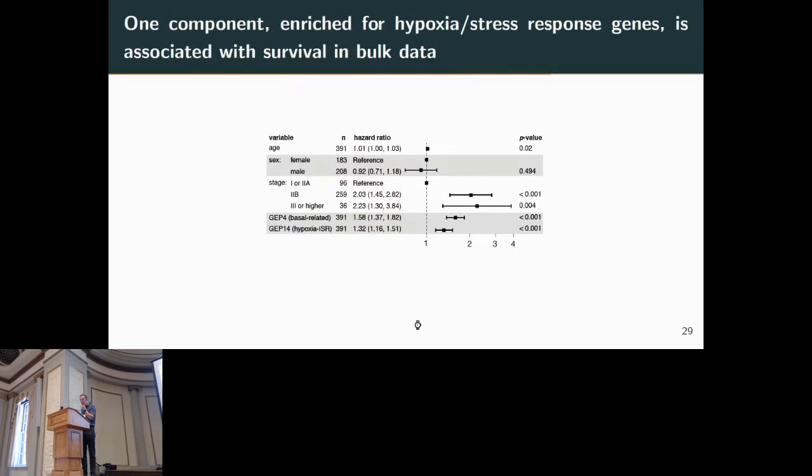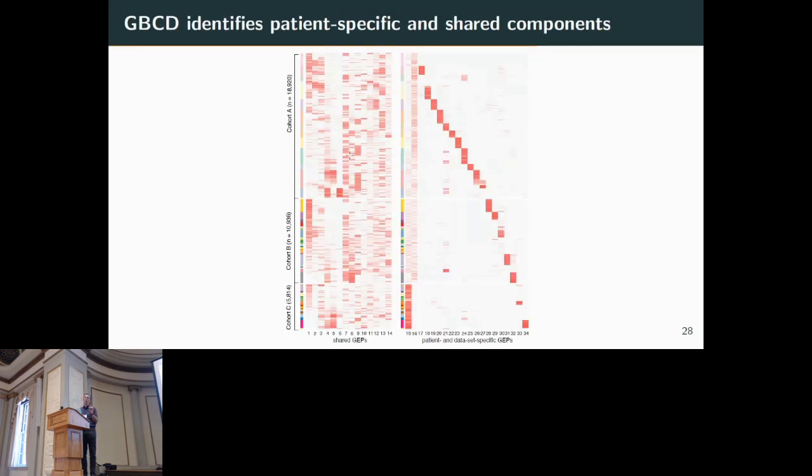Okay, so the important thing to note here is that in addition to all these patient effects, which is what's dominating the t-SNE, there's lots of other structure here that's capturing things that are shared across patients, stuff that was not evident from the t-SNE. And when you look at the genes involved, many of these factors are dominated by genes in processes that make sense from the point of view of cancer.